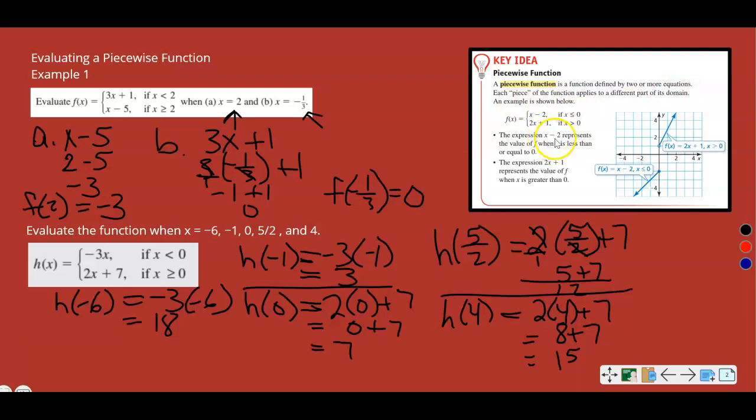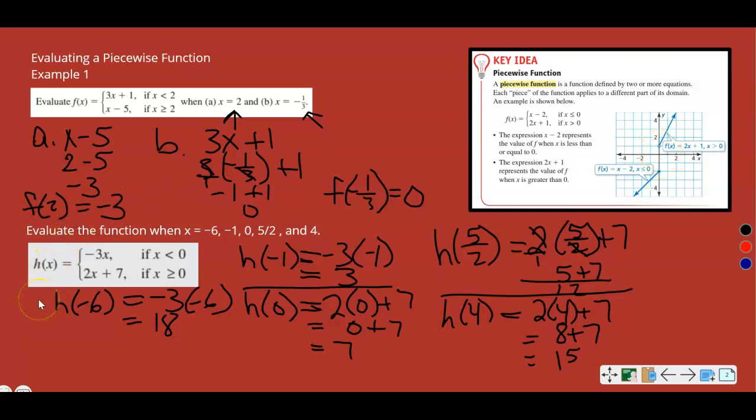The expression x minus 2 represents the value of f when x is less than or equal to 0. So this one right here, this is your x-axis. This is x at 0, so this is less than 0. The expression 2x plus 1 represents x is greater than or equal to 0. So it has to go to the right of the y-axis because that is your x at 0.